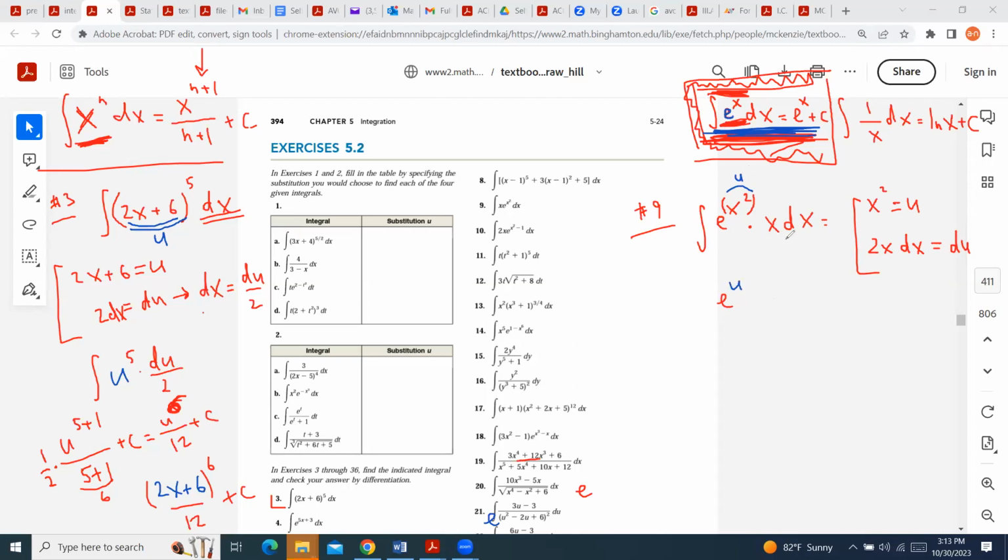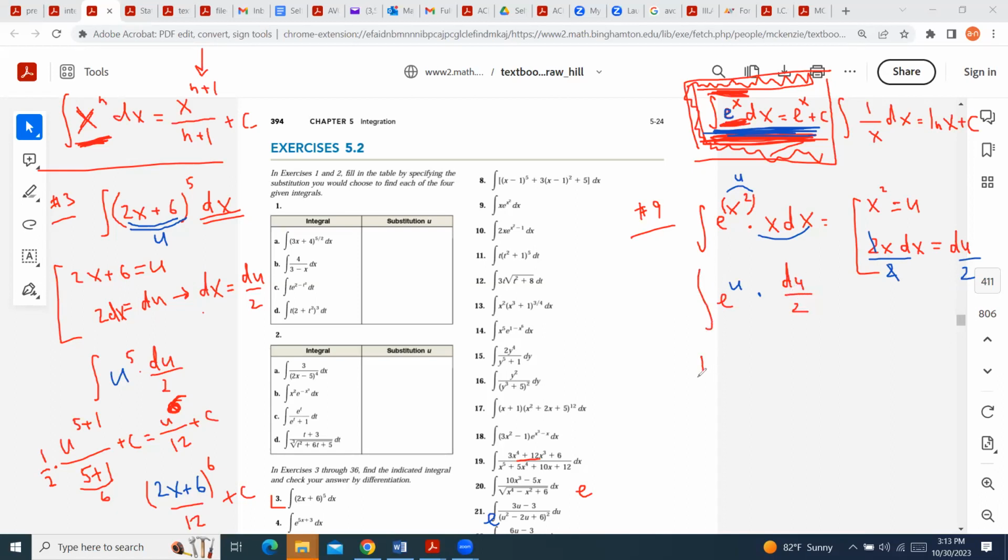And now I need to replace x dx. Notice the 2 is on the way, so I'm gonna get rid of it, divide by 2 both sides, and this way I can see what x dx is. This is actually du over 2, right? And this is my replacement.